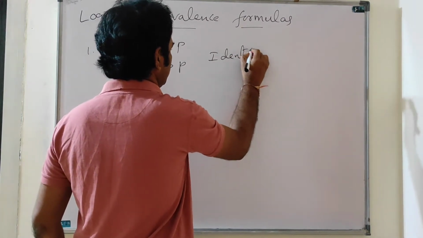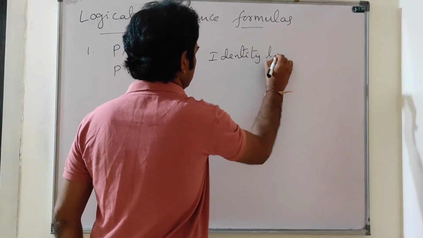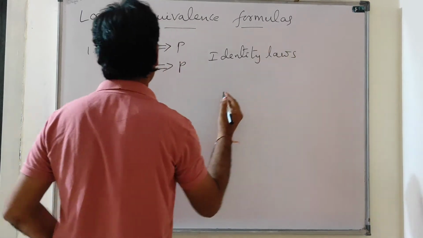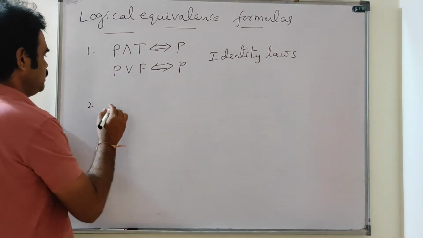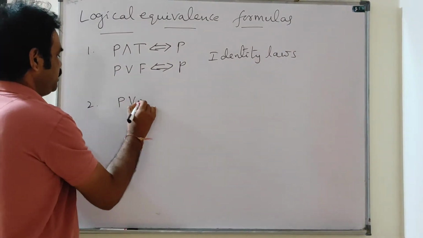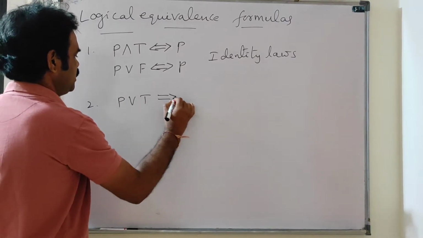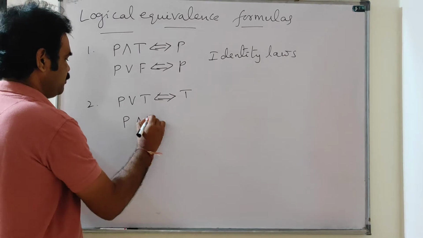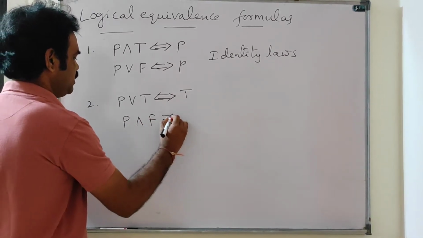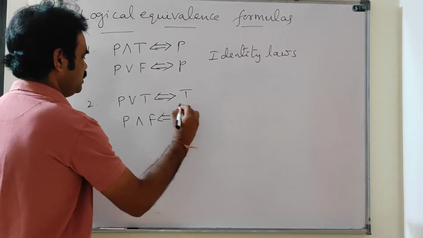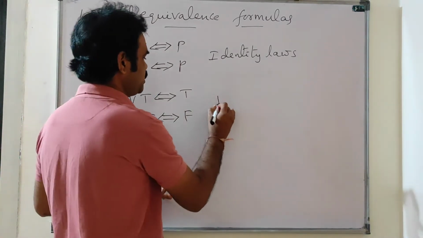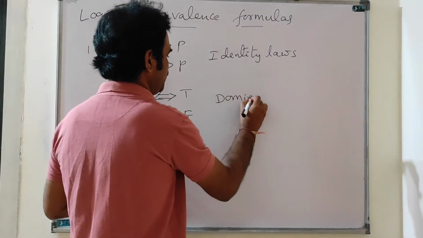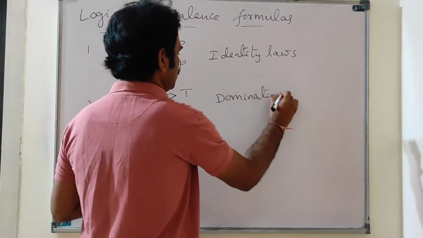Next, P or T is logically equivalent to T. P and F is logically equivalent to F. These are known as domination laws.